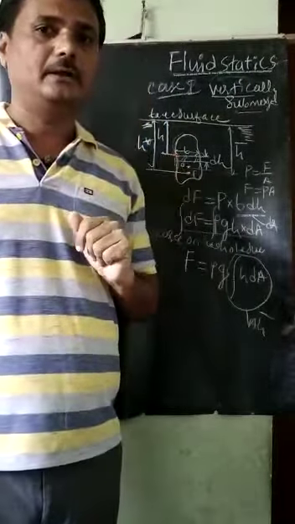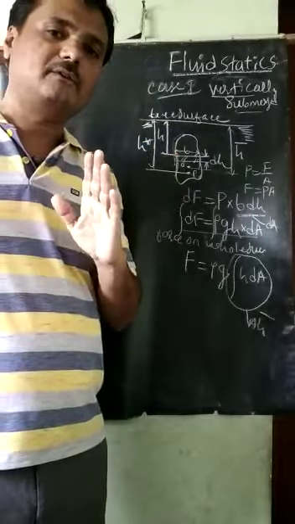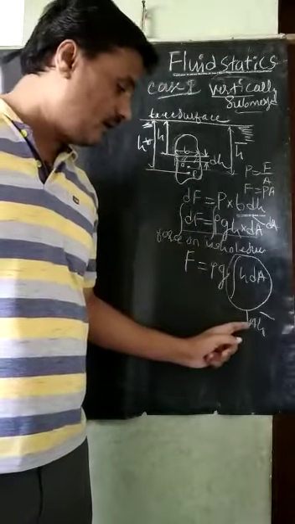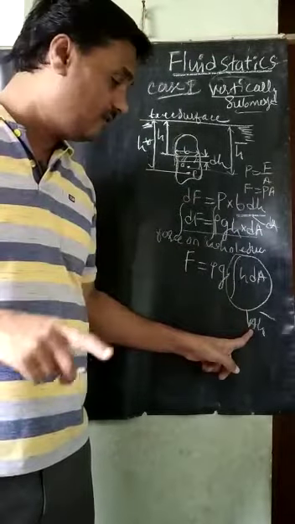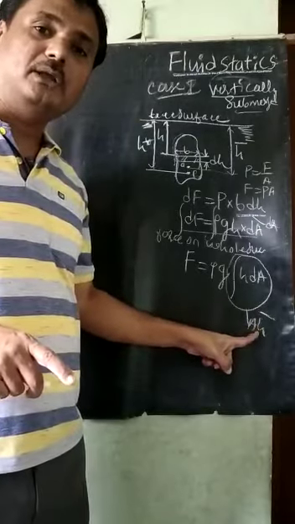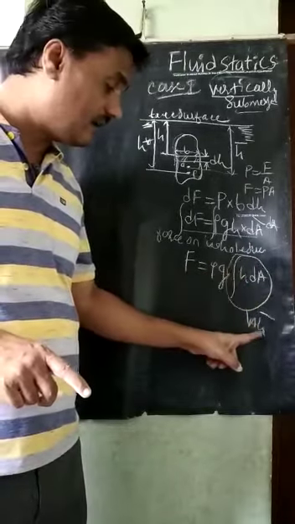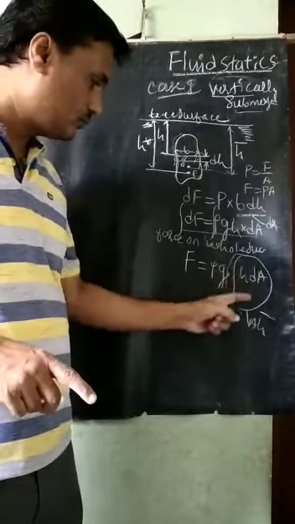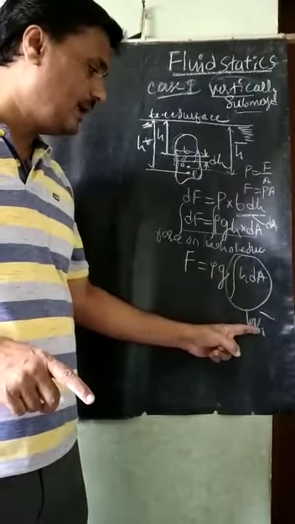Fundamentally, we know that the moment of any surface about the free surface is equal to the product of the area of that surface and the distance between the free surface and the center of gravity, that is h bar. Therefore, this total integral is equal to A h bar.